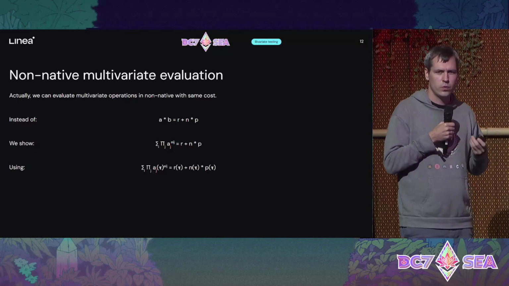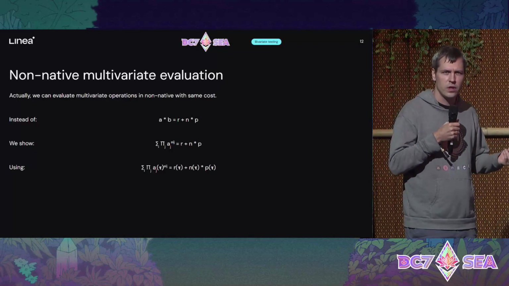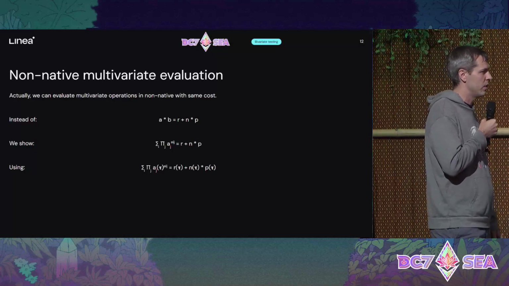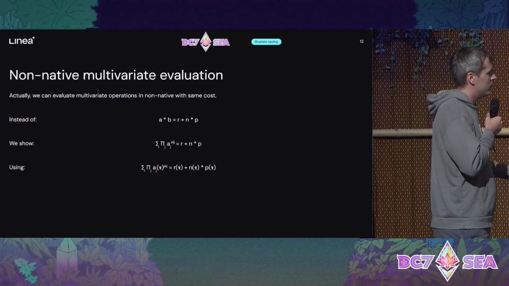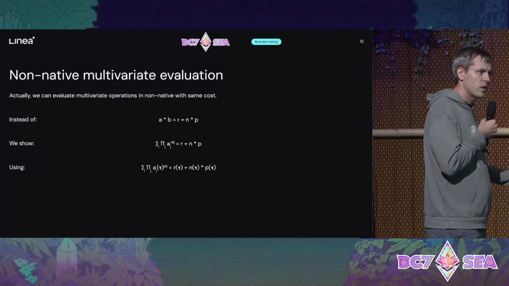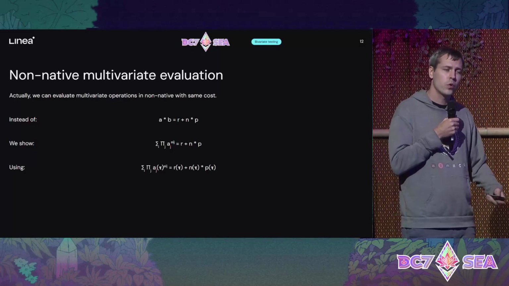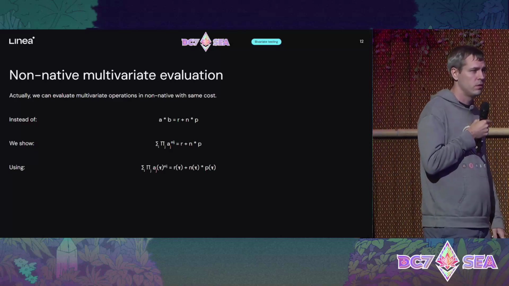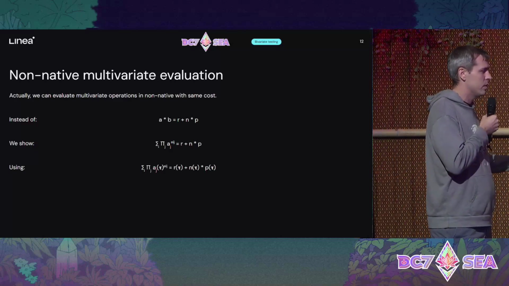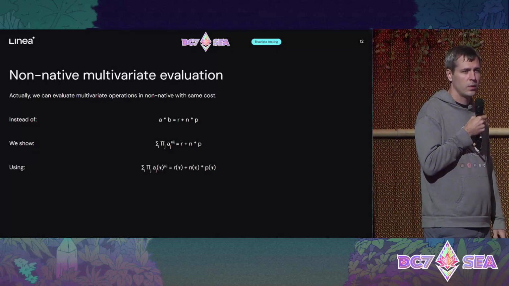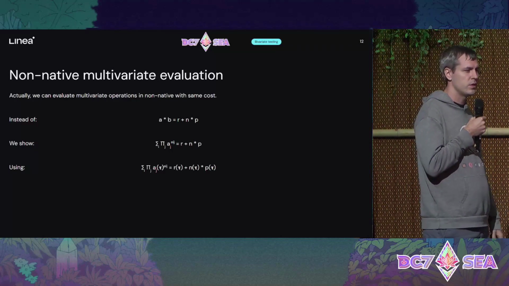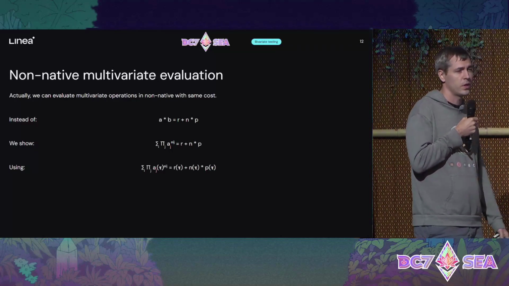We only need to know the full result of this multivariate evaluation. And the complexity stays the same regardless of whether we do non-native multiplication only, or this more complex multivariate evaluation. And if we implement it this way, then evaluating these extension polynomials becomes a lot easier.